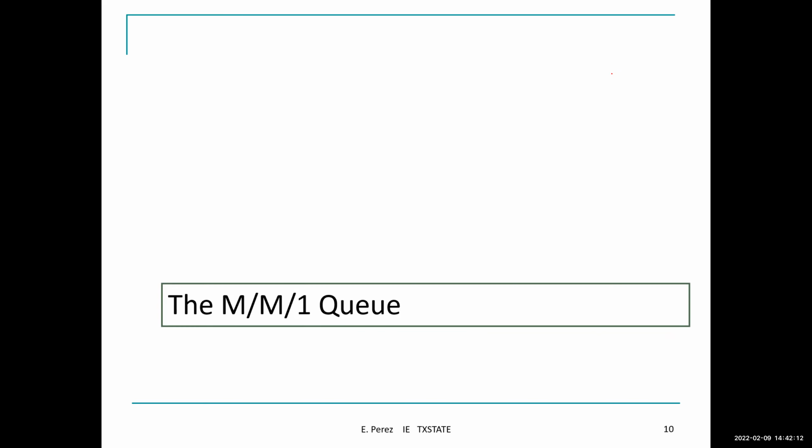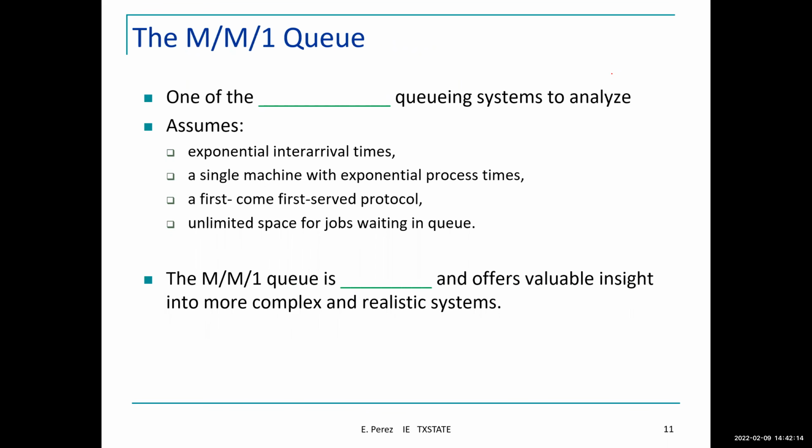So the MM1 queue. This is one of the simplest queuing systems to analyze. It assumes exponential interarrival times, a single machine with exponential process times, a first come first served protocol, and unlimited space for jobs waiting in queue.